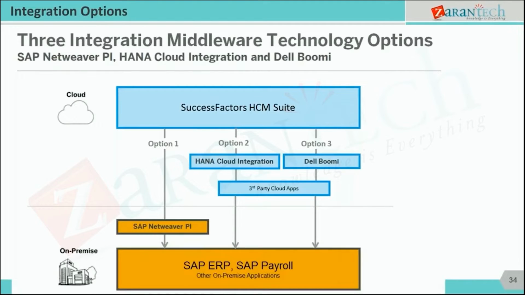So the basic thing that we have to at least know is the various possibilities of integration. We generally concentrate on these three options that are present here. That might be through the NetWeaver API, the NetWeaver PI, and the HANA Cloud Integration and the Dell Boomi, guys.